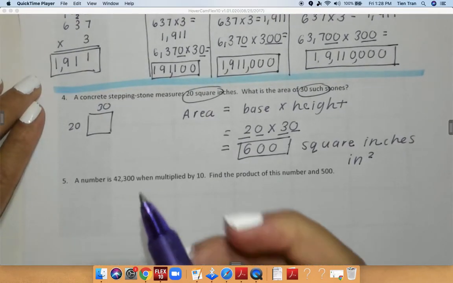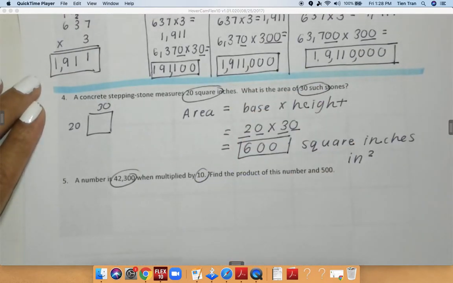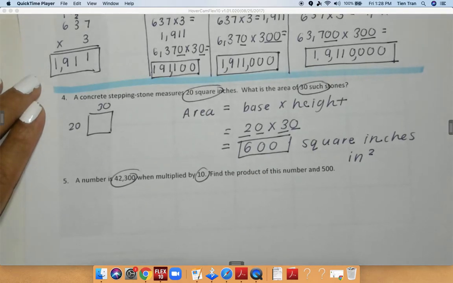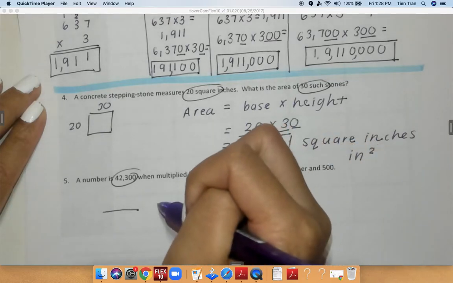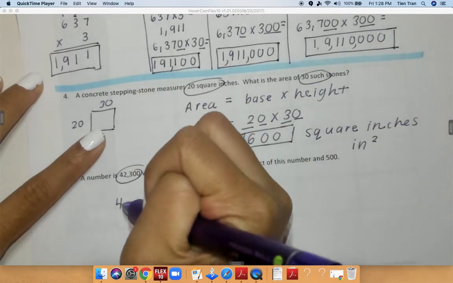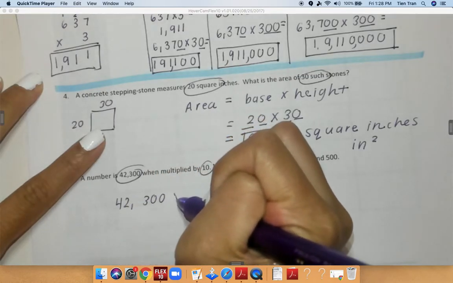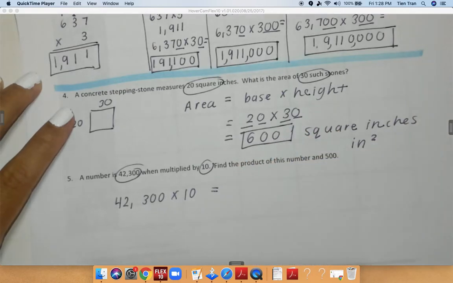Number 5, a number is 42,300 when multiplied by 10. Find the product of this number and 500. So what they're asking you right now is, there is a number that is being multiplied by 10.